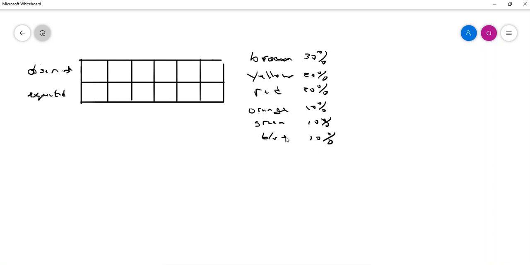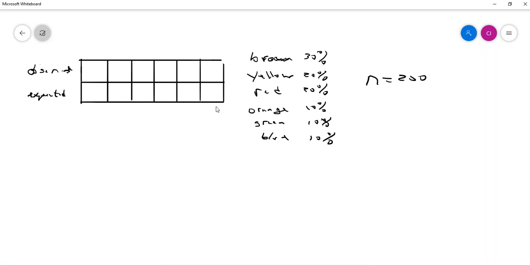So we got that. And then what we're going to say is that we had a bag. Let's say we bought a big party pack. We have a bag of n equal to 200. And this thing is 2 rows by 1, 2, 3, 4, 5, 6, right? For each one of these colors.